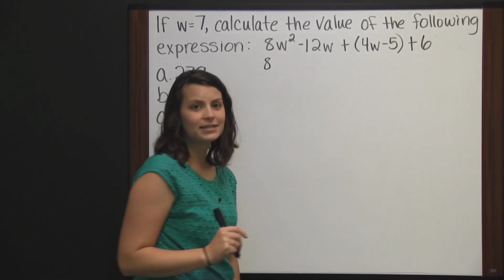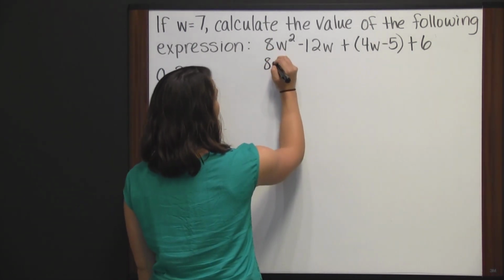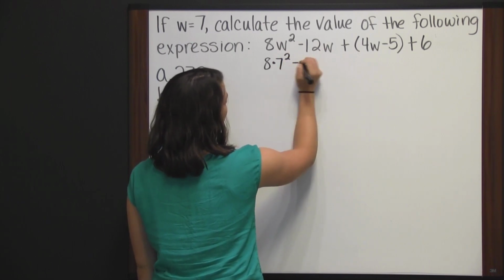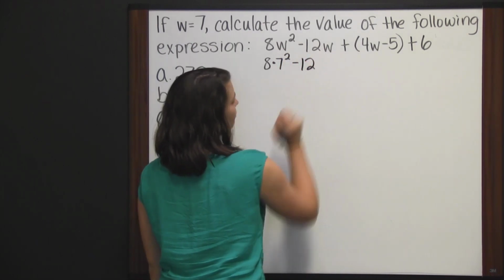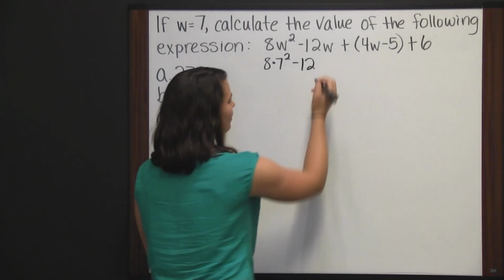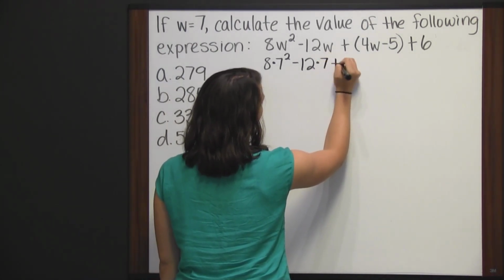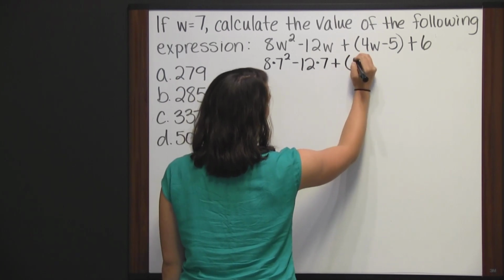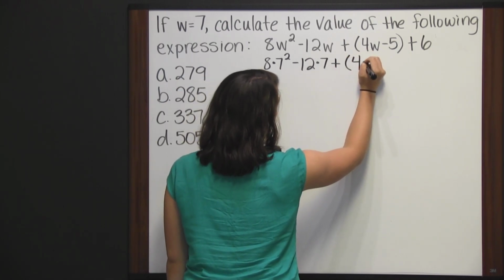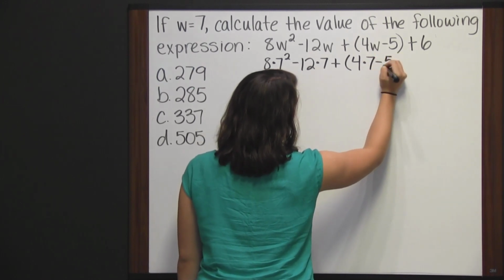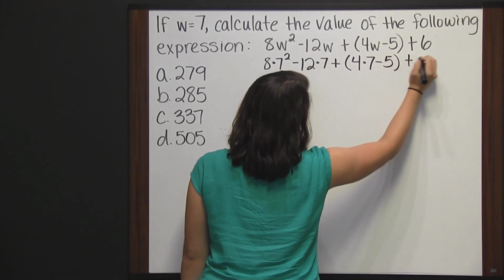We're going to replace W with 7, so it's 8 times 7 squared minus 12, again, replace W with 7, so times 7 plus, bring down the parentheses, 4 times W, or times 7, minus 5 plus 6.